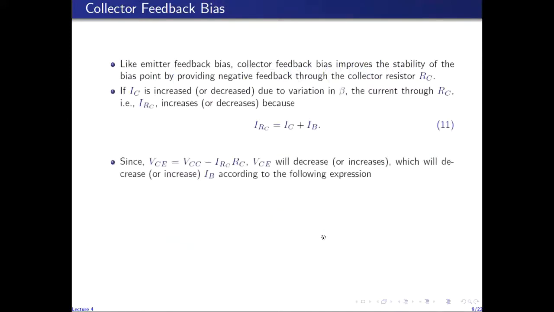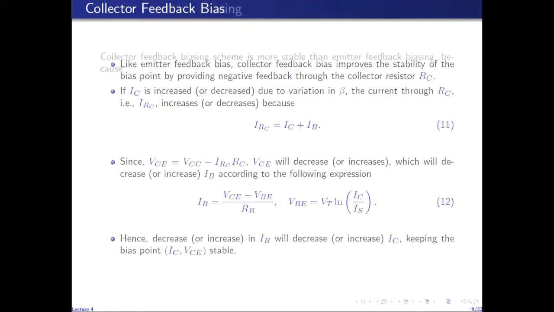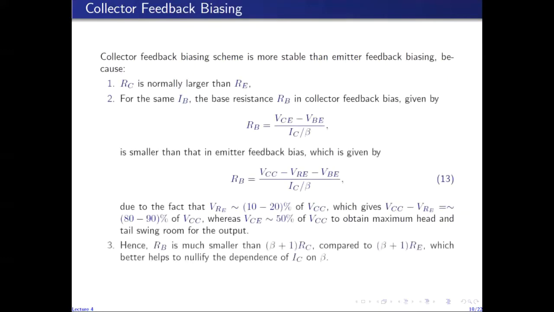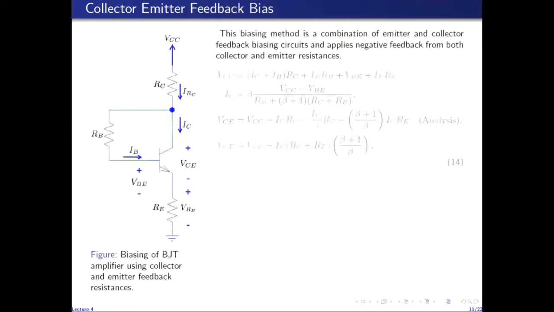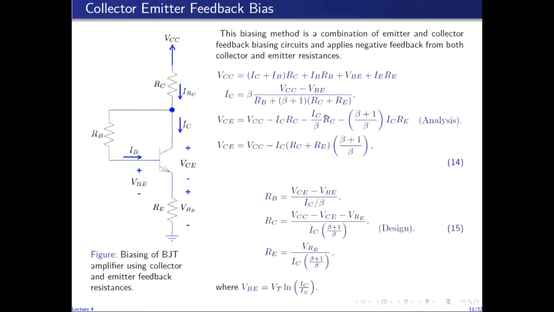So the resistance RC in collector feedback bias is actually equal to the resistance RC plus RE in collector emitter feedback bias. So this resistance here in the collector emitter feedback bias is exactly equal to the resistance in the collector feedback bias.